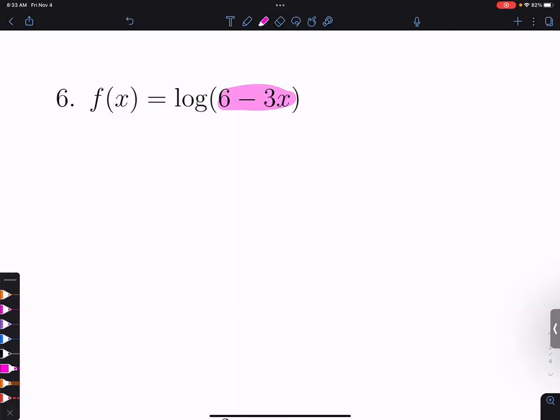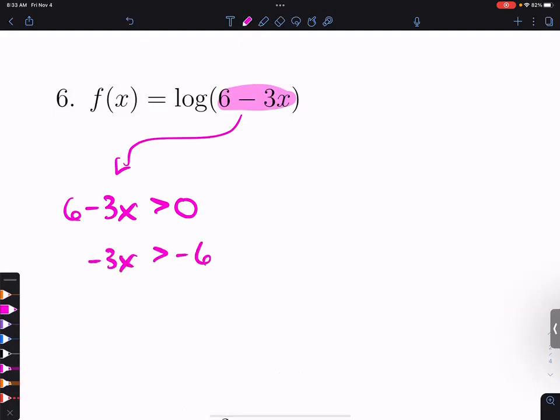There's a shift, there's a reflection, there's a stretch happening. Those kind of affect each other. So the shift is actually 2 instead of 6. It all gets a little bit weird to break all that out. But I can get the same information by saying, okay, whatever this thing is, I know it can't be negative. So figure out where it's not negative.